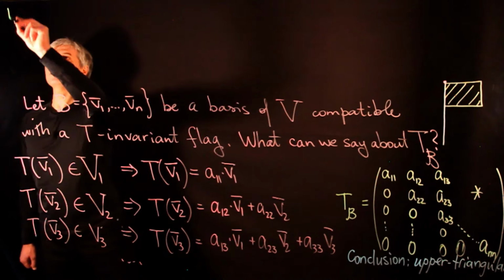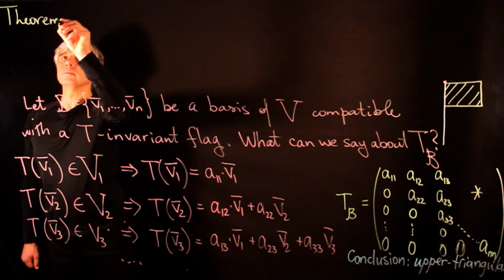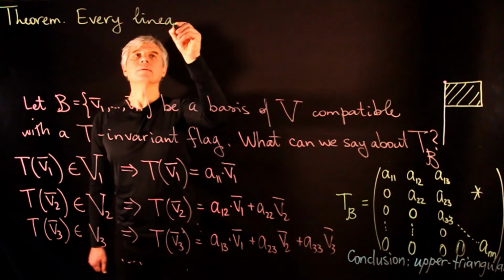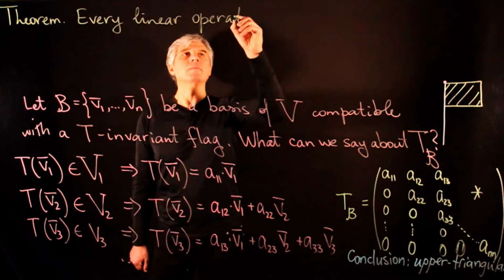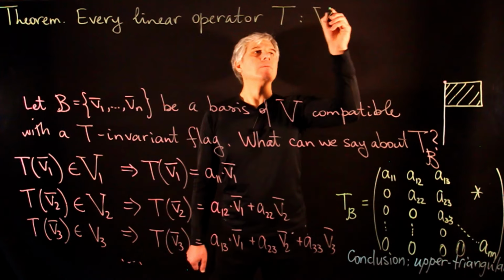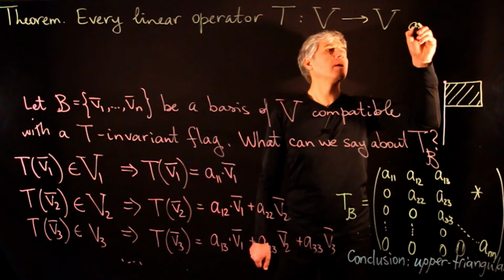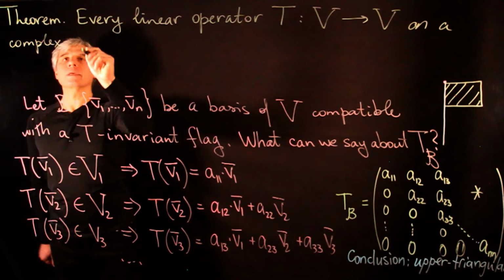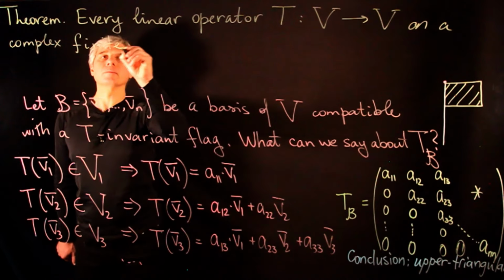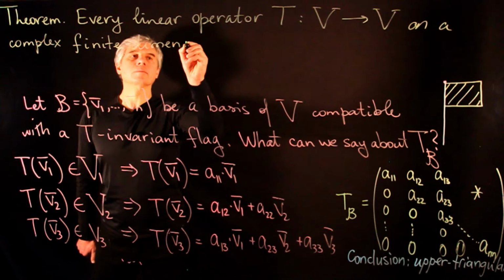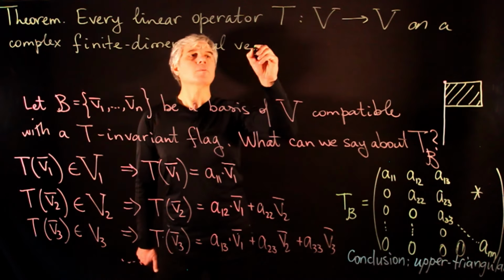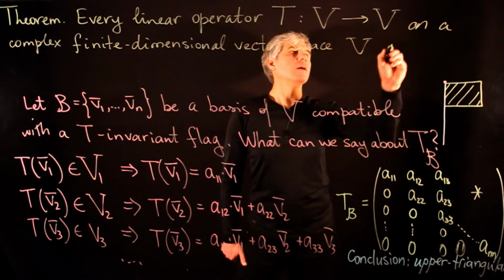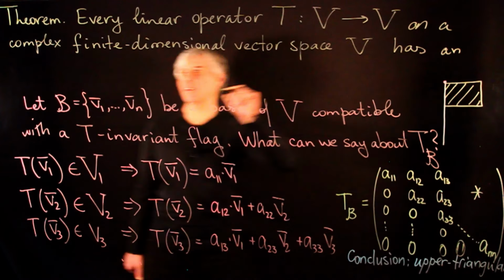Now we state our main theorem of this lecture. Every linear operator T on a complex finite dimensional vector space V has an invariant flag.